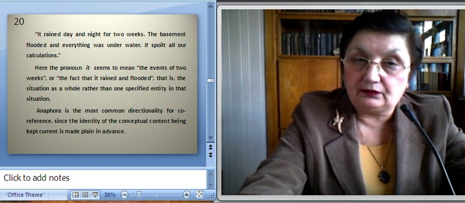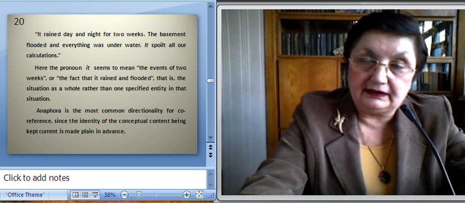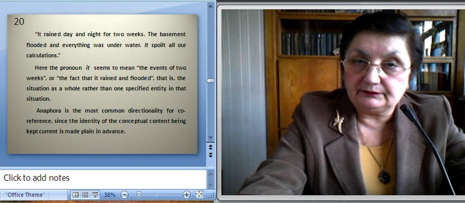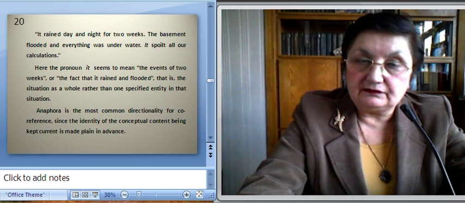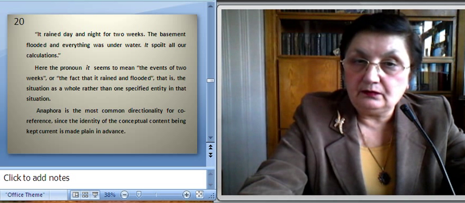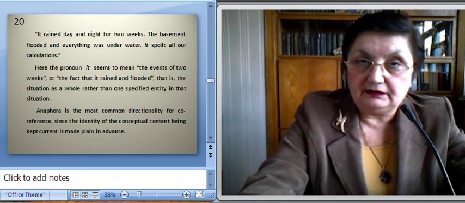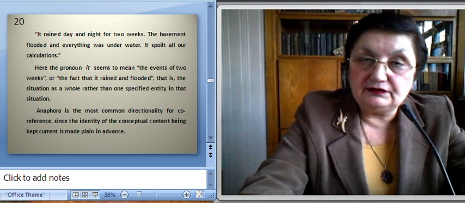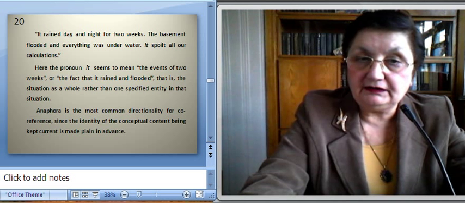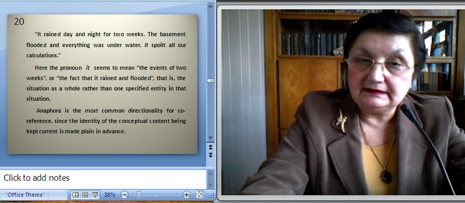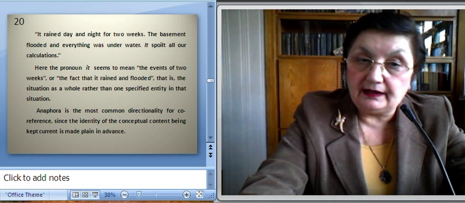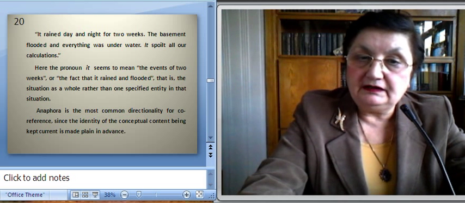Anaphora is the most common directionality for coreference, since the identity of the conceptual content being kept current is made plain in advance. The second subtype of coreferential devices is the cataphoric reference, which is the reverse of anaphoric reference and is relatively straightforward.